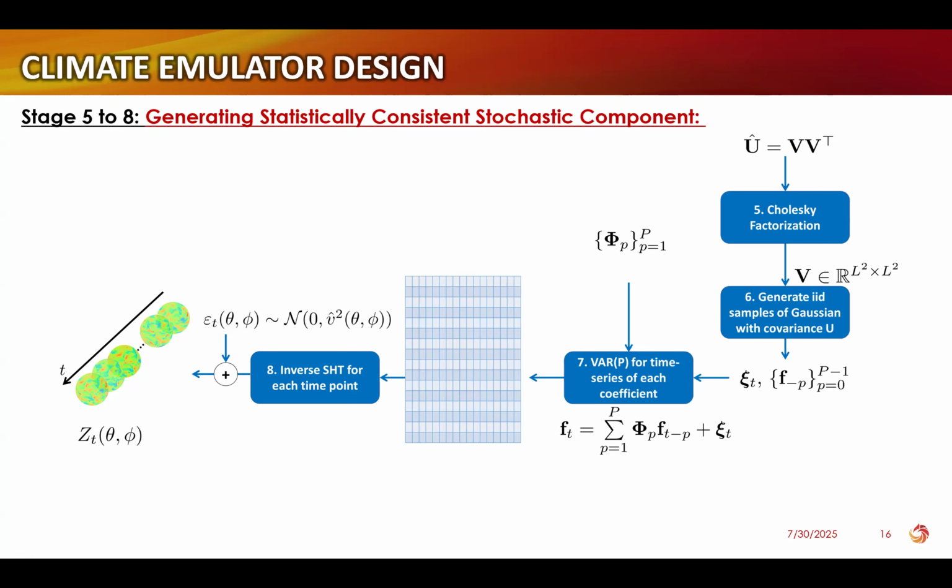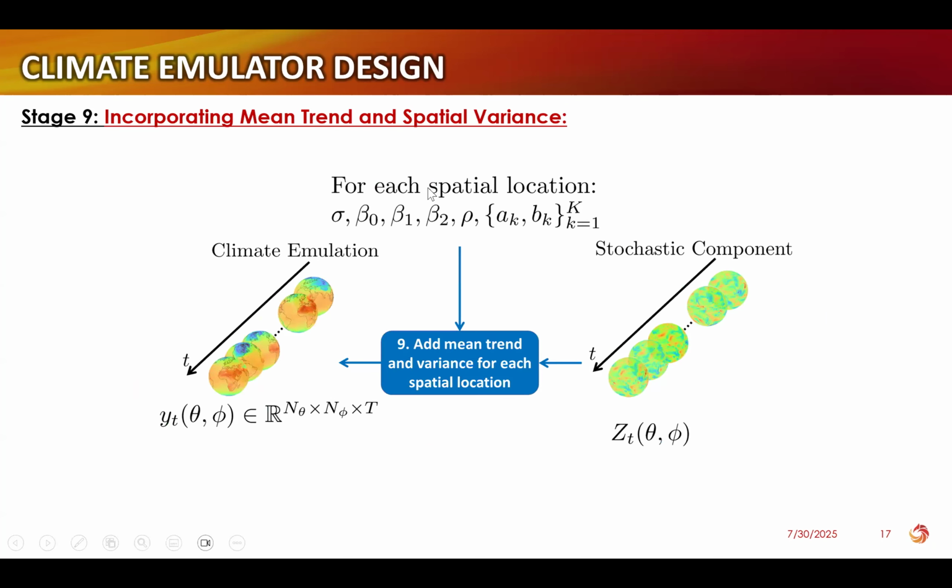And once we have the stochastic component, we add the mean trend using these parameters which we obtained at the time of removing the mean trend. And once the mean trend is added, that variation in the space is added, what we obtain is the final YT, which is a climate emulation that is statistically consistent with the actual data because it has the same covariance matrix that we had for the climate data.